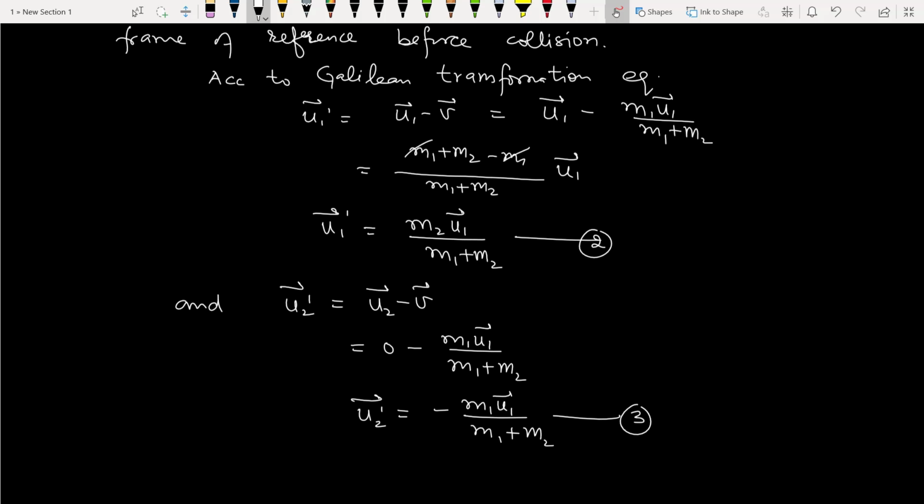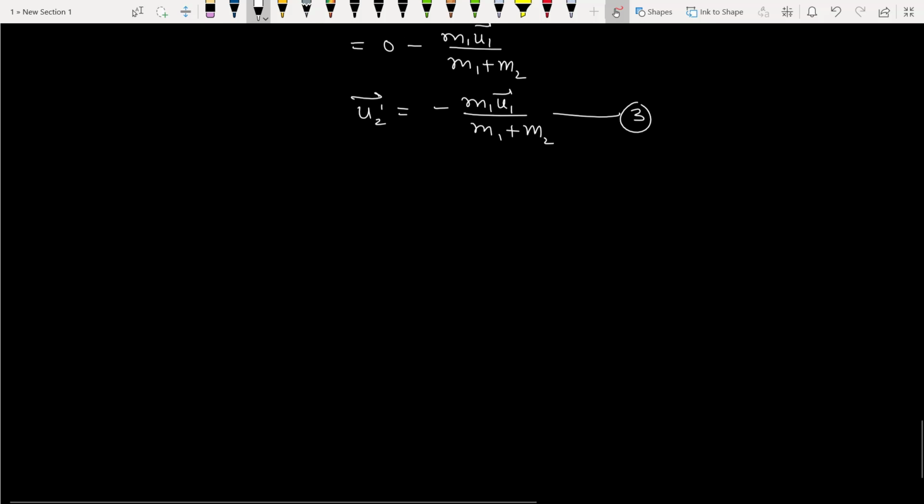So this situation in center of mass frame of reference can be diagrammatically represented as follows. If you look at both the particles, u1 dash is positive, u2 dash is negative, so both the particles in center of mass frame of reference will be moving in opposite directions.